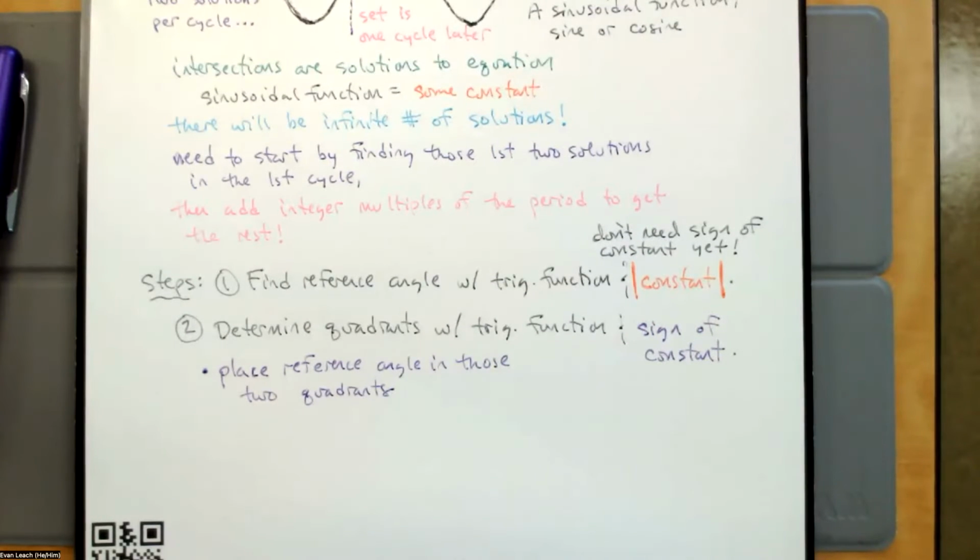So once we determine the quadrants with the trig function and the sign of the constant, we're going to place the reference angle into those 2 quadrants.